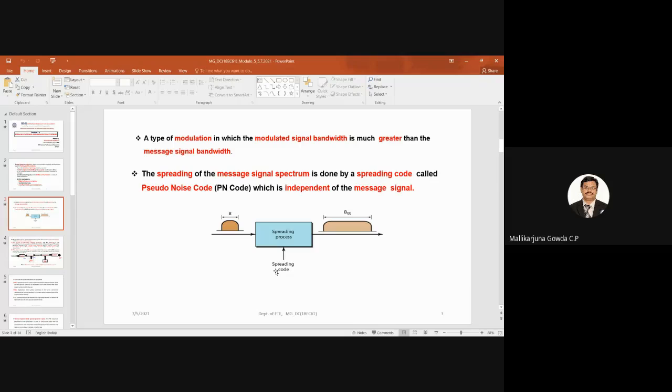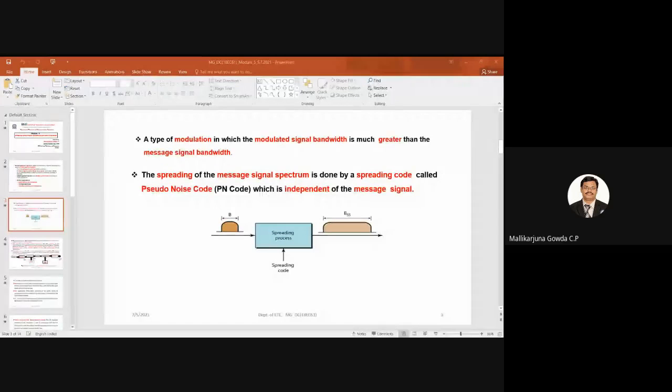Are you aware of this? What is a PN sequence? I'm asking, are you aware of pseudo noise sequence? Please respond.